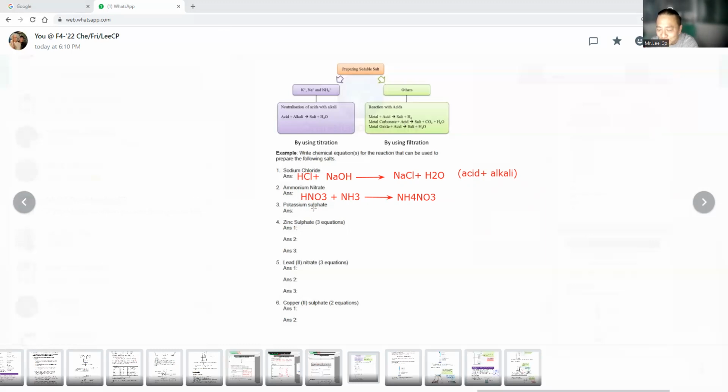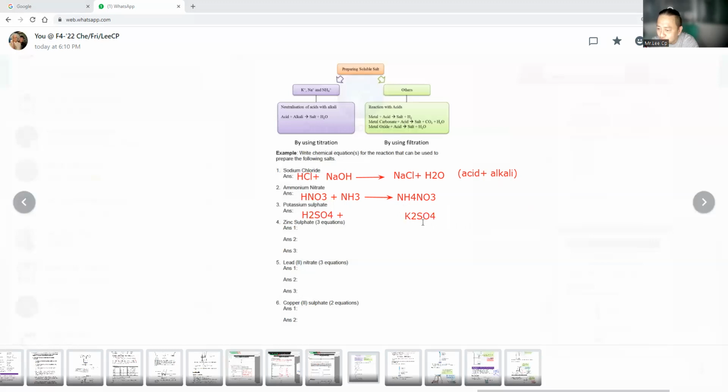Right? Potassium sulfate. How to get potassium sulfate? Potassium sulfate, SO4, K2SO4. So you need to have H2SO4, sulfuric acid, plus something else.